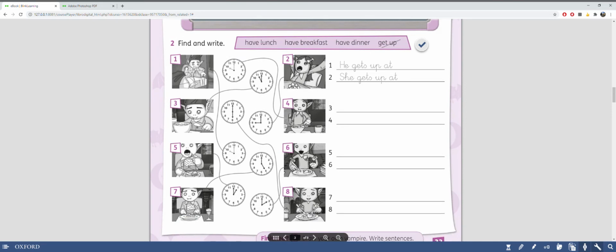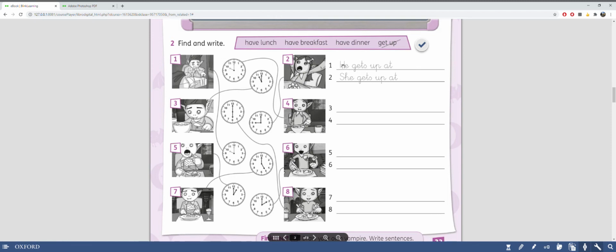And look. The first action in the morning is get up. Very good. So he gets up, she gets up. Very good. He gets up and she gets up.